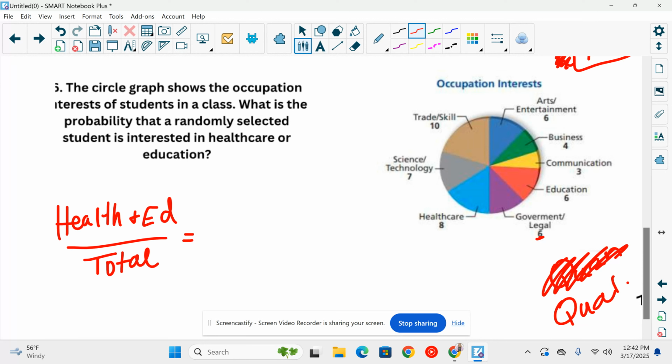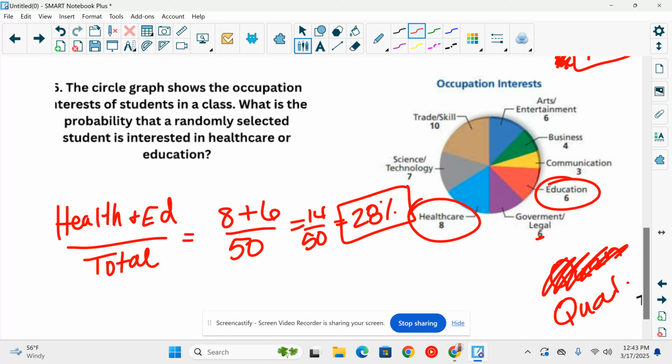So we have healthcare, we have education, out of a total of 50, which gives me 14 out of 50, which gives me a percent of 28%. Questions on that one?